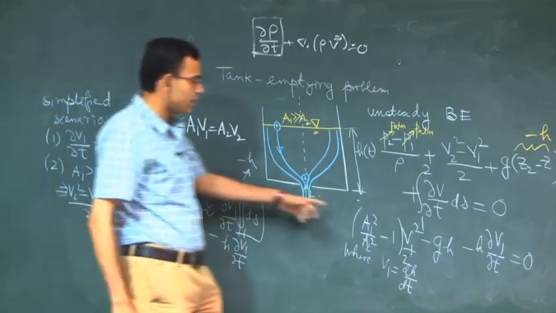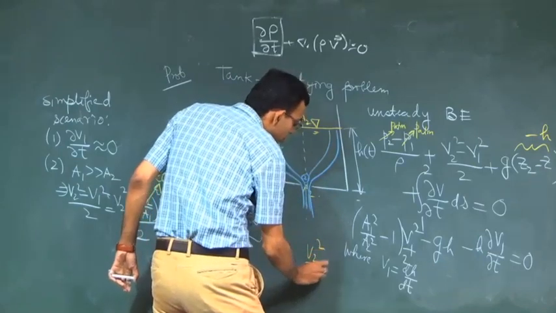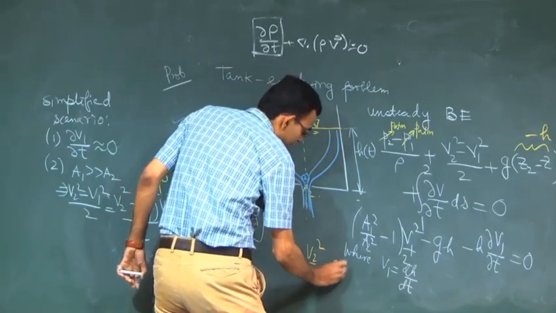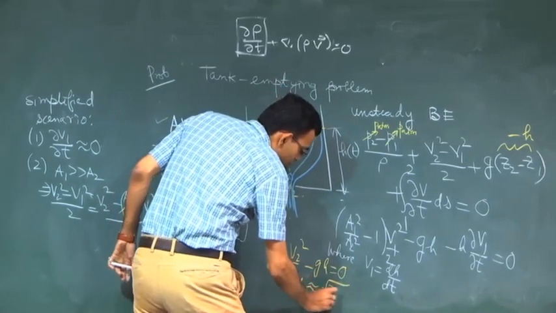So, this equation is left with V2 square by 2 minus GH equal to 0. So, V2 is approximately equal to root 2 GH.